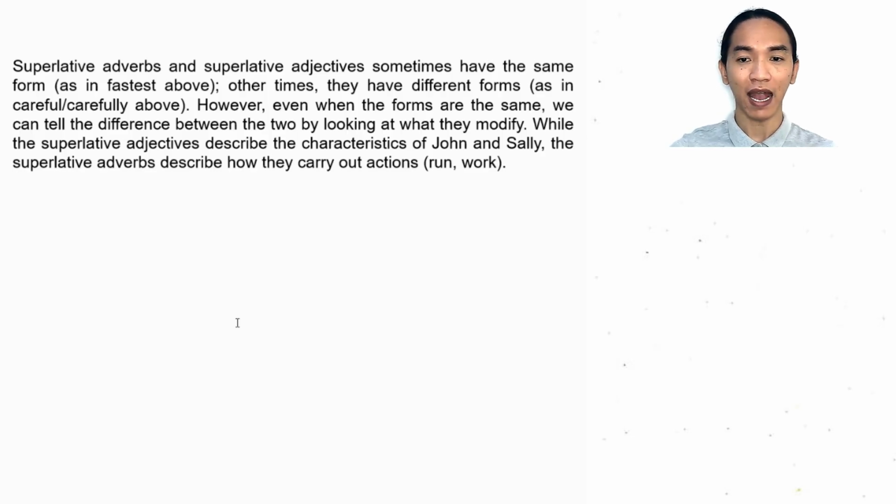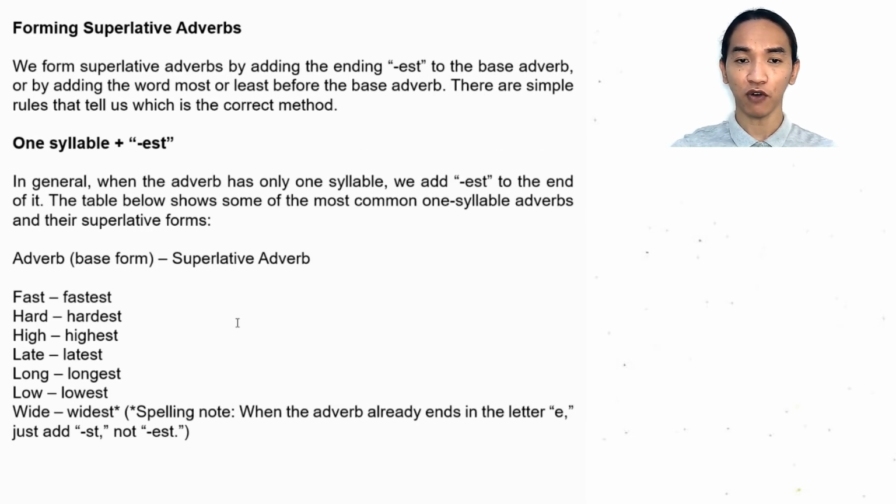Okay? Now, moving forward, let's see on how we form superlative adverbs. Okay? Now, for the first rule, one syllable adverb, you just add est. Okay? So when it is one syllable, you just add est after the adverb. Okay?